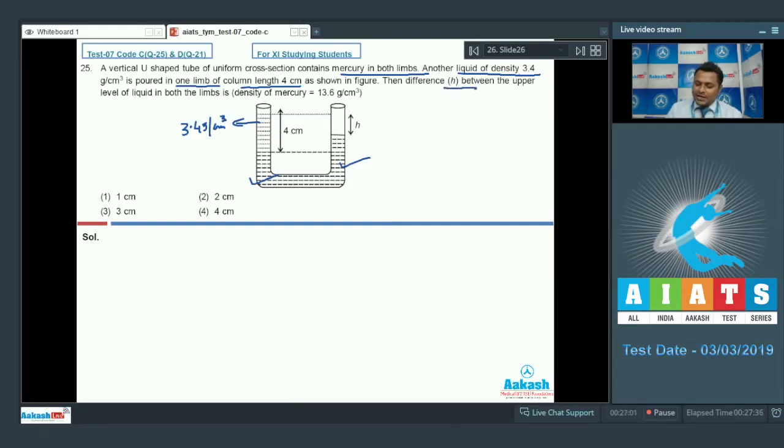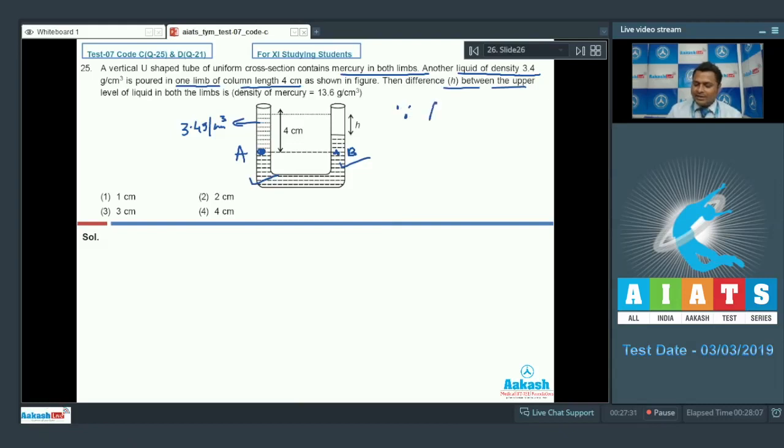The difference H between the upper level of liquid in both limbs will be what, given that the density of mercury is 13.6. I just want you to consider 2 points, point A and point B. Both point A and point B are at the same horizontal level in the same liquid. So that's why their pressure will be same.